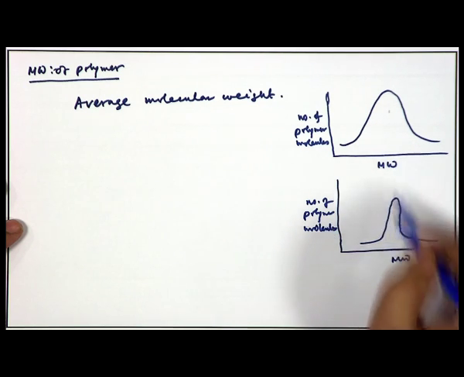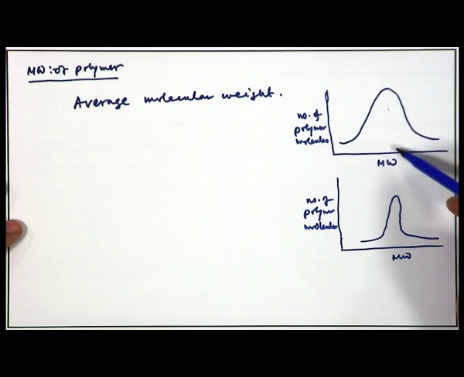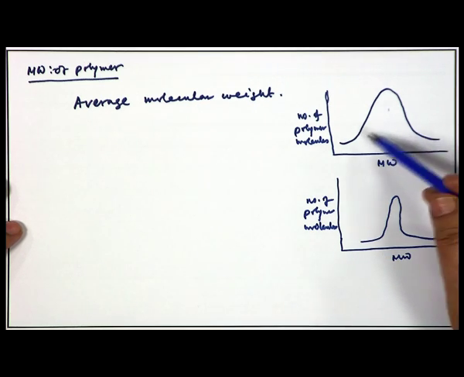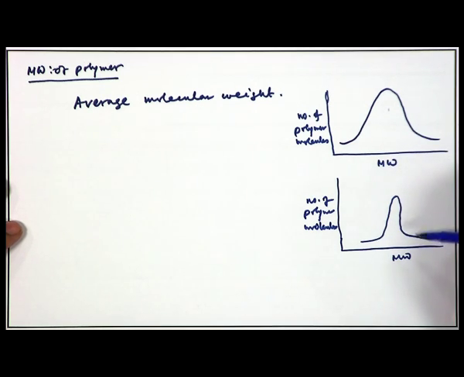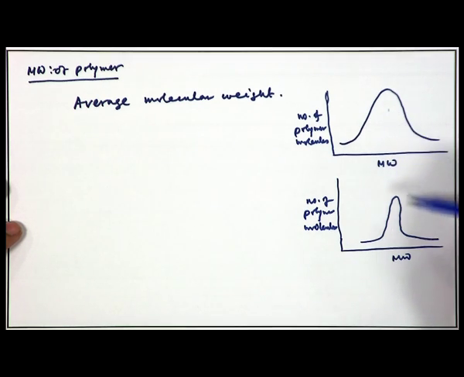So, probably in these two samples the arithmetic mean of the molecular weights is the same, but you can see that the two samples are different. And normally in statistics we get the standard deviations of two samples for comparing.